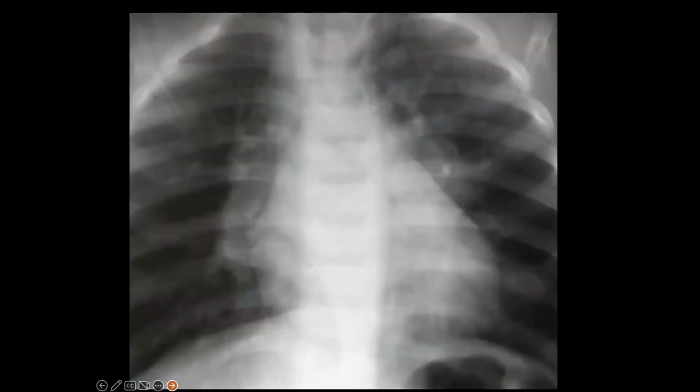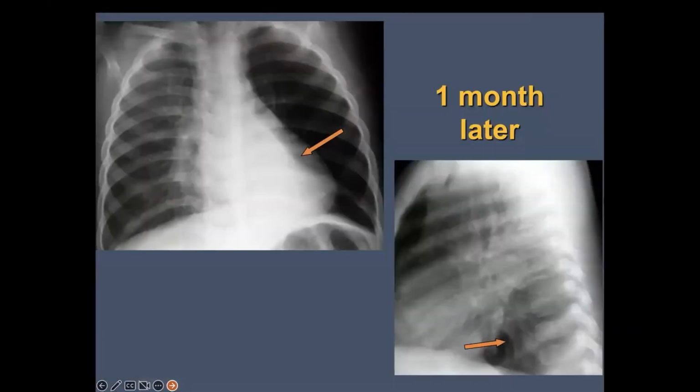This child had prominent bulky lymphadenopathy in both hilar regions. I think you wouldn't have trouble seeing that. Came back a month later, and now you can see that there's a dense area posteriorly in the left lower lobe here that has some bowing of a segmental marking here.